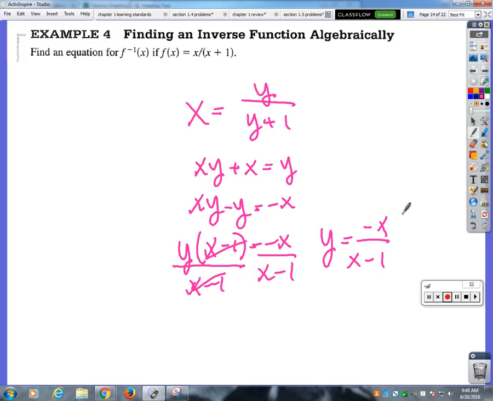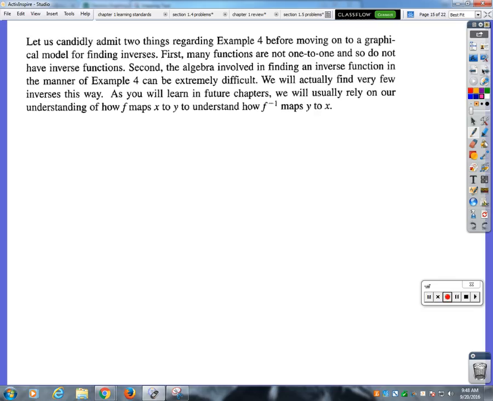So if you see an answer in the back of the book that looks exactly like yours, but all the signs are switched, that's the same. Okay, you just did it in a different order. So if you get x over 1 minus x or negative x over negative x plus 1, that's the same thing. All right, so this is the inverse of our original function. That's how you do that.